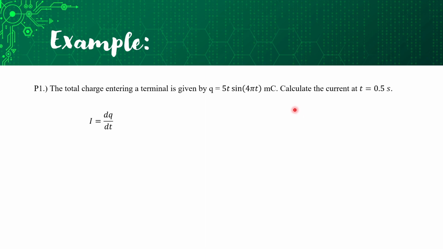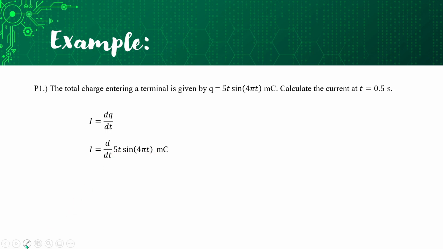We know that the formula of a current is I is equal to the derivative of the charge. Since we are given this equation, we can substitute the value of Q in this formula. So we get the derivative of this equation.